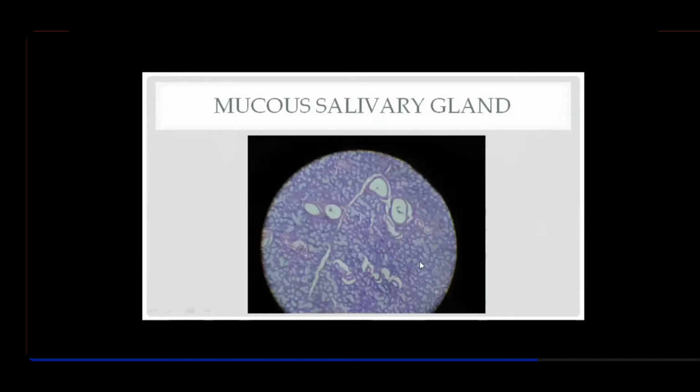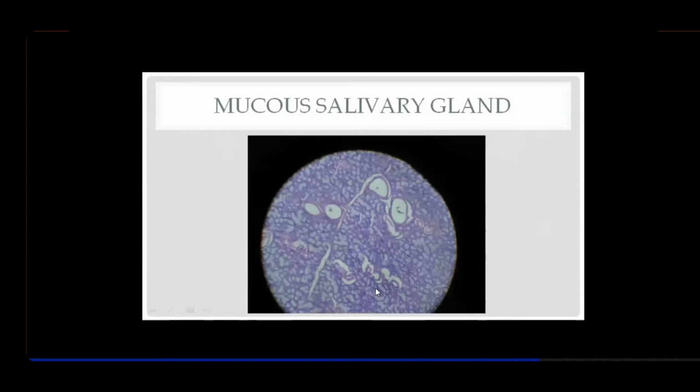So that's why you get the margins of the acini, but the entire cellularity does not take a good stain because of the mucin, which is a neutral substance. And of course you'll also find the intercalated tubules, then interlobular ducts, blood vessels in between.